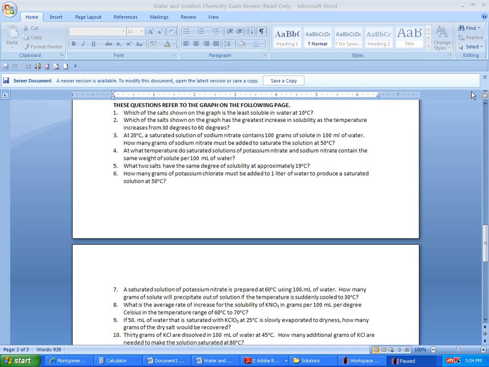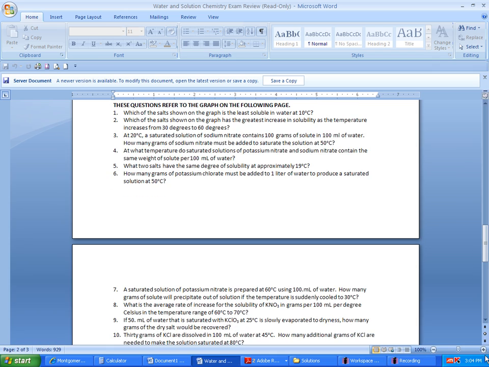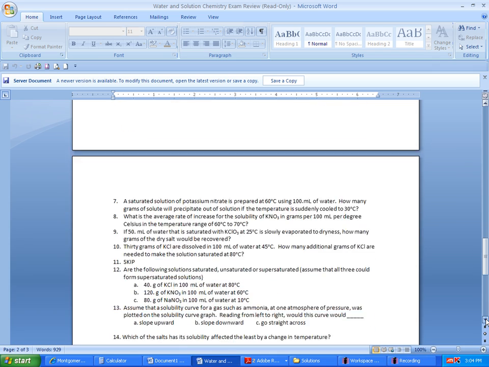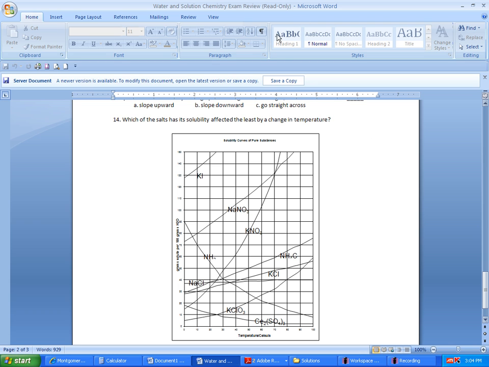Okay, so we have a graph. I can't see it, but you can have it out beside you, and it says which of the salts shown on the graph is the least soluble in water at 10 degrees Celsius. So I find 10 degrees Celsius, and let me see if I can find that for you. So I roll on down here, and I find 10 degrees Celsius, and I'm looking for the one that is least soluble.